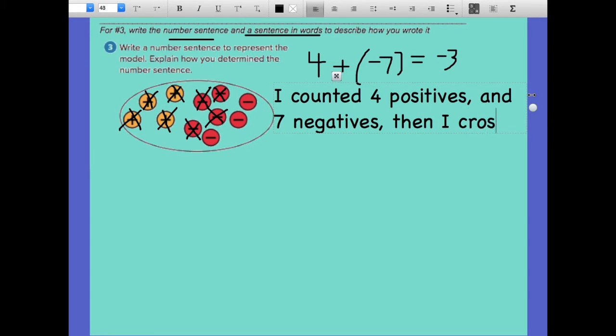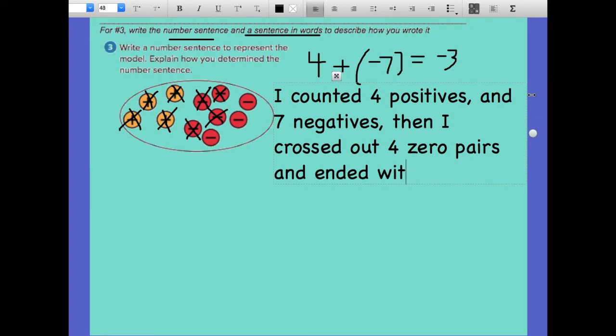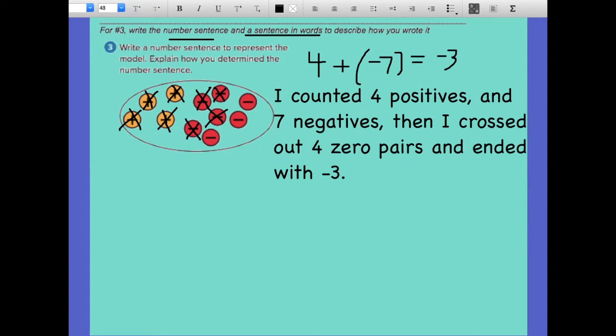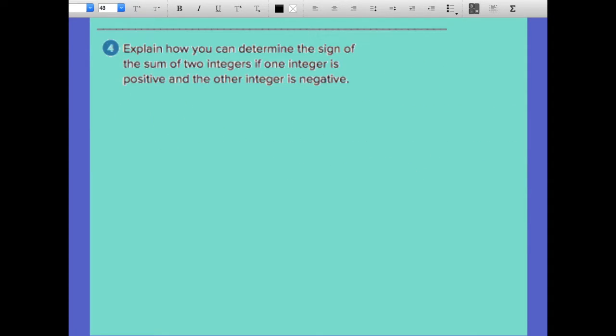Then I crossed out 4 zero pairs and ended with negative 3. So something like that would suffice.